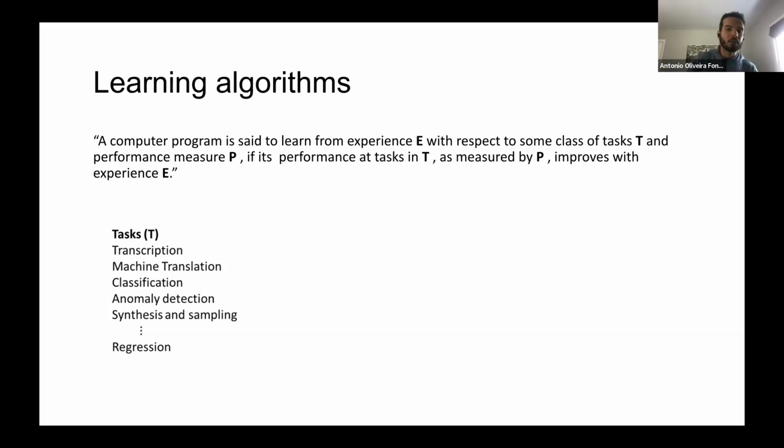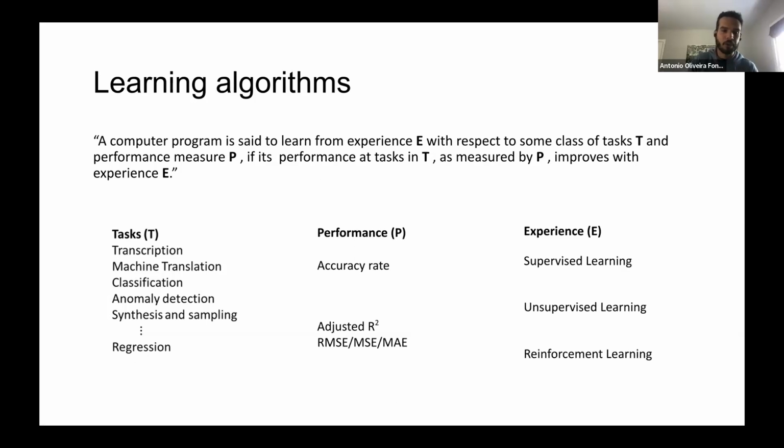So now let's see what we can use to replace these E's, T's, and P's that we just saw. Among the tasks, we have been talking a lot about regression, for example. So let's replace the T in this sentence above with regression. Assume that I want to do a regression. A computer program is said to learn from experience E, so from the list of experiences, if I want to do a regression, what type of experience do I have to select?